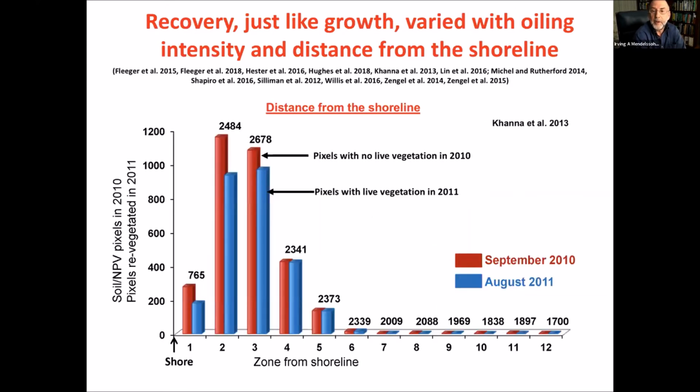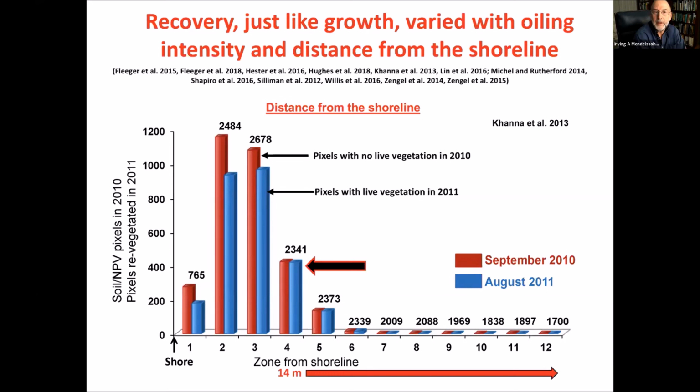Distance from the shoreline is also a factor that impacted recovery, as seen in this remote sensing study of Khan et al., who found that it was not until 14 meters and further into the marsh that all pixels that were oiled and denuded of photosynthetic vegetation in September of 2010 had recovered and were classified in 2011 as photosynthetic, i.e. live vegetation.